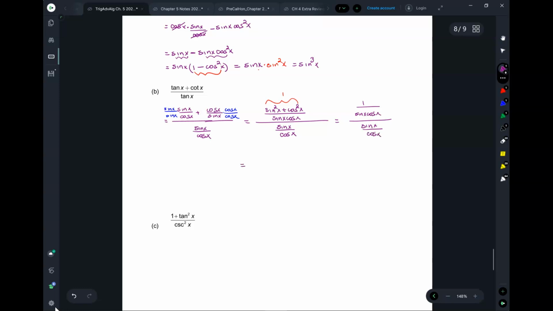A fraction divided by a fraction, you take the first fraction times the reciprocal of the second. Cosines go away. I have a 1 on top, sine squared x on the bottom.